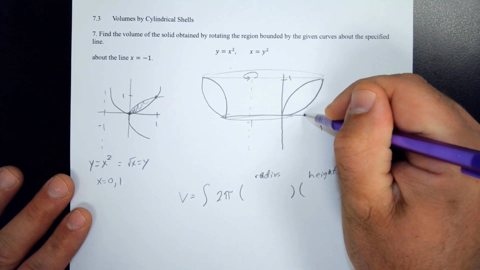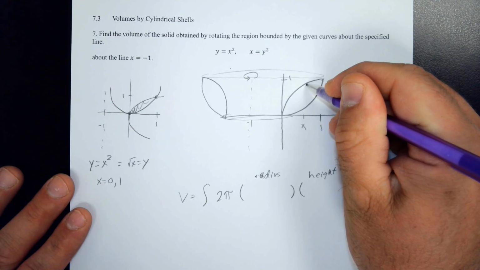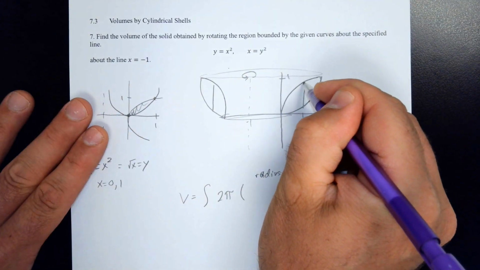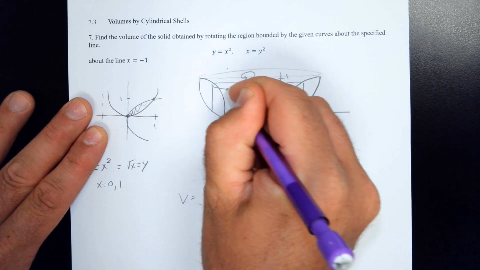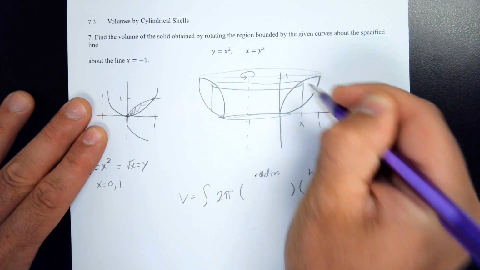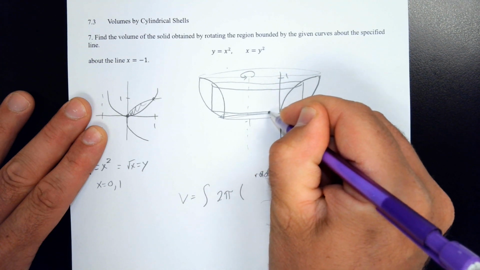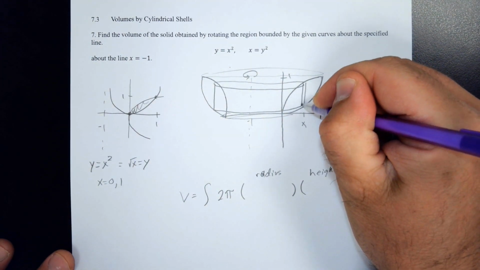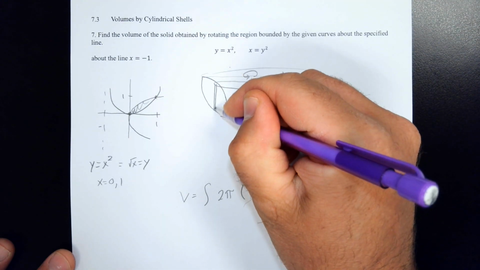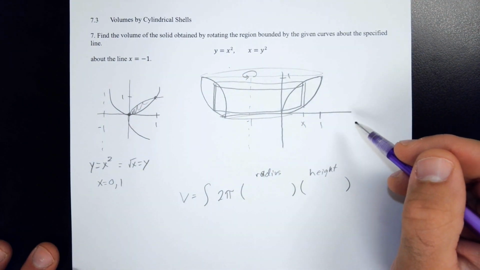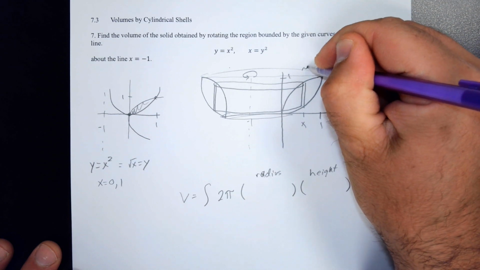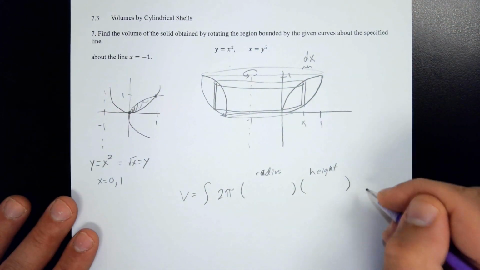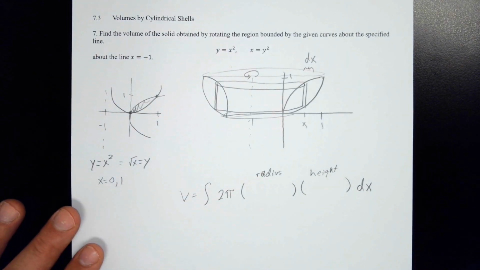If I pick some value of x right here, it would look something like this. And I'd have this big cylinder that would look something like that. And it would have this little bit of thickness on both sides. And this little bit of thickness is in the x direction. This is dx. So I'm going to integrate with respect to x.